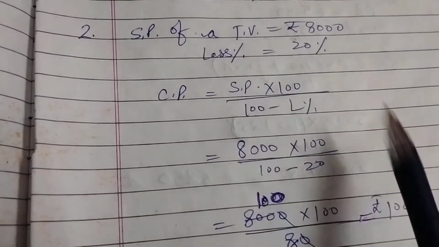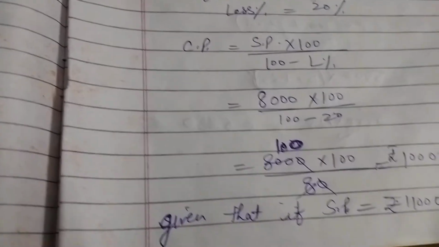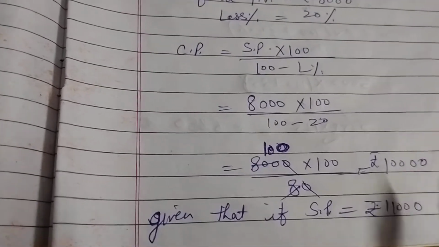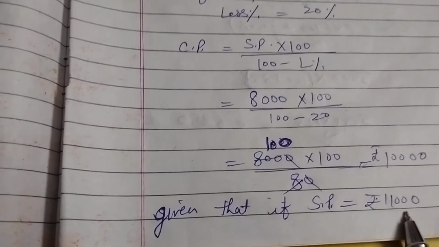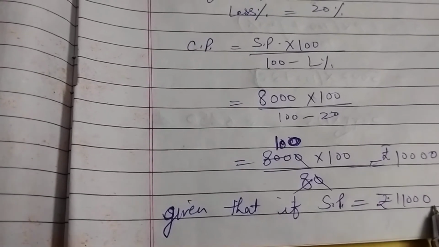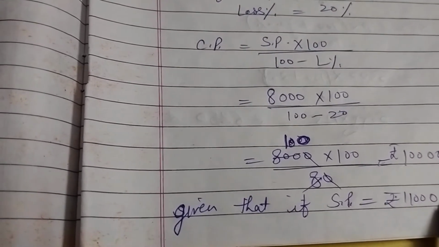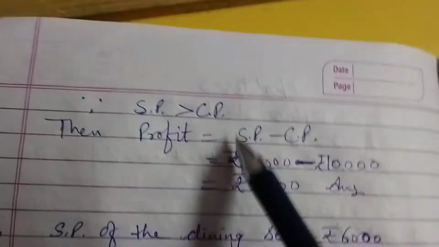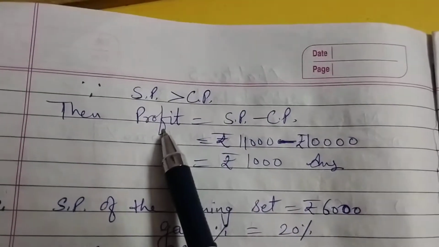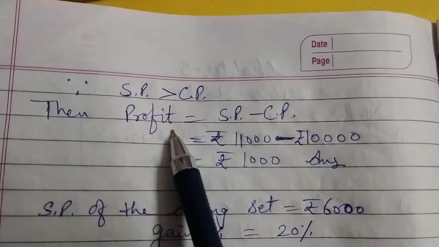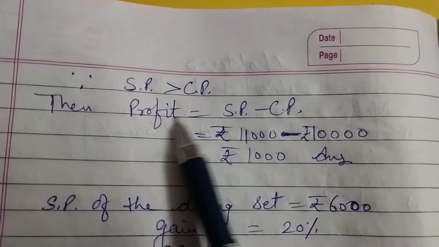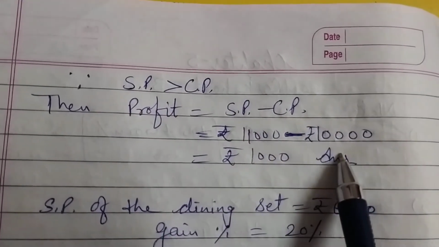It is asked if the shopkeeper will sell that TV for rupees 11,000, then what will be the profit or loss? See, selling price is more than cost price, then obviously he will gain profit.